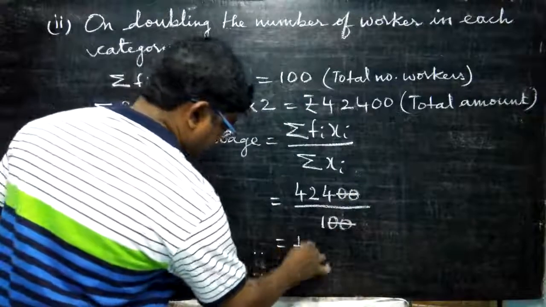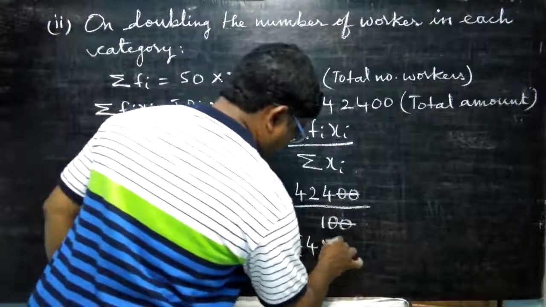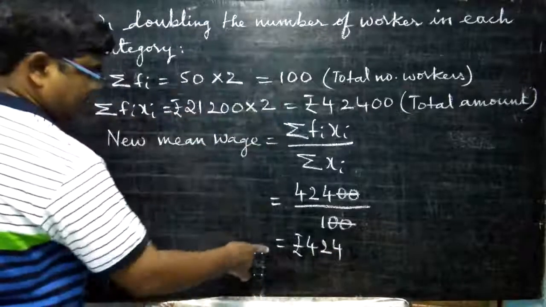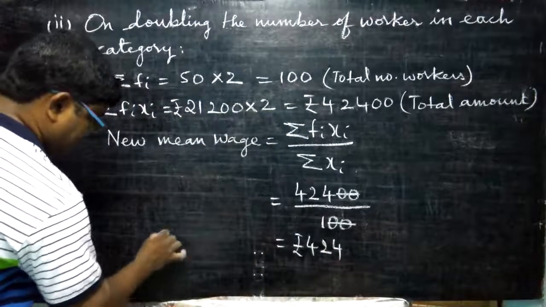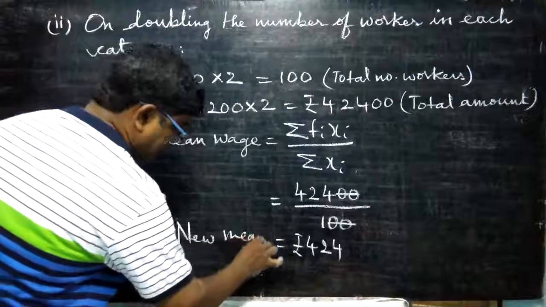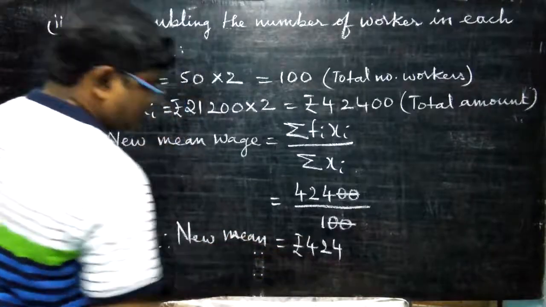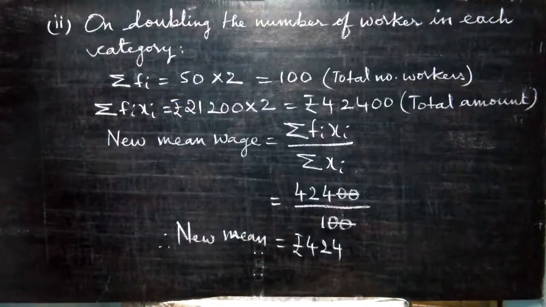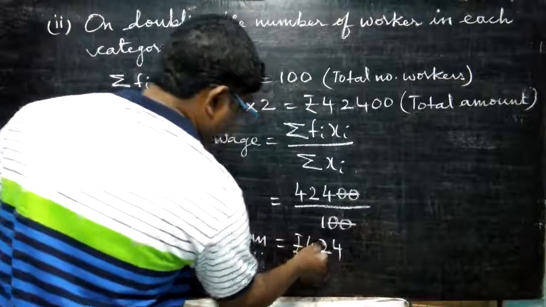The same answer came because both are doubled. Therefore the new mean is equal to rupees 424. Before also we got the same, now also we got the same.